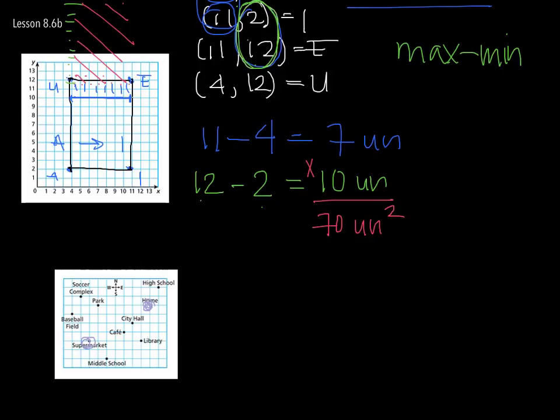Now, the weird thing is when we're working with coordinate graphs, we really can't go diagonally, okay? At least not in terms of thinking of this as a map. We have to think about this as us going on streets. So what is the quickest, the shortest route to get from my home to the supermarket?